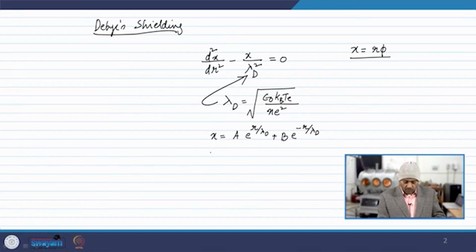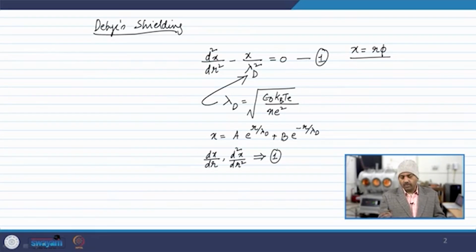Now, if you take dx by dr, then d square x by dr square and substitute in, we call this equation as 1. If you put this in equation 1, we will see that this solution satisfies the differential equation.